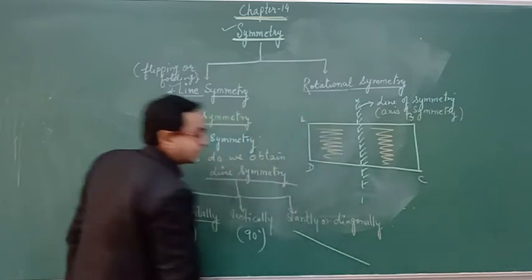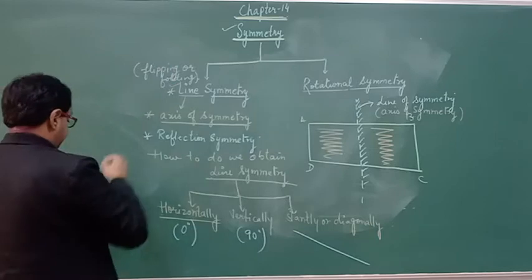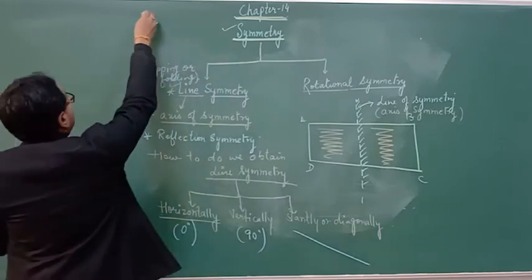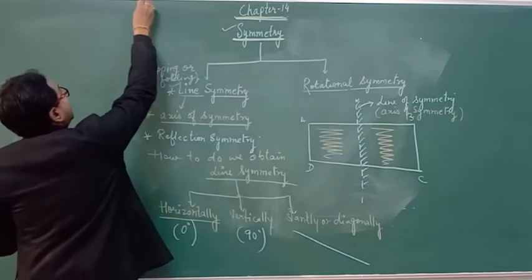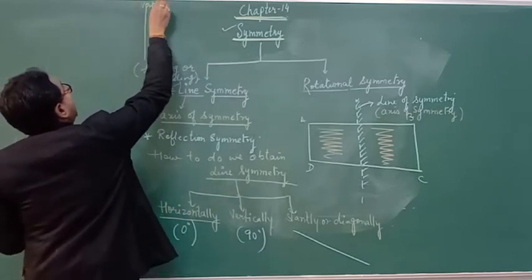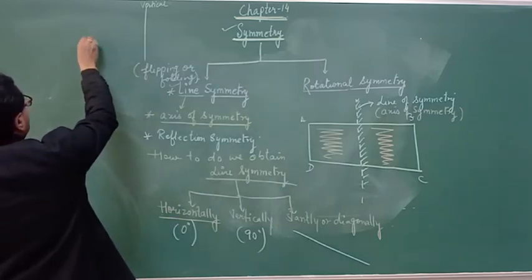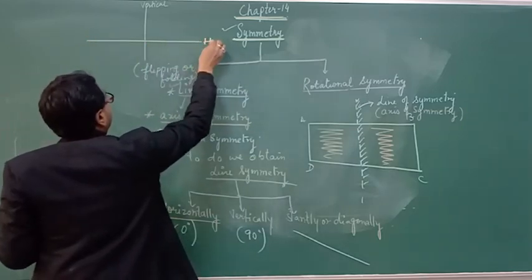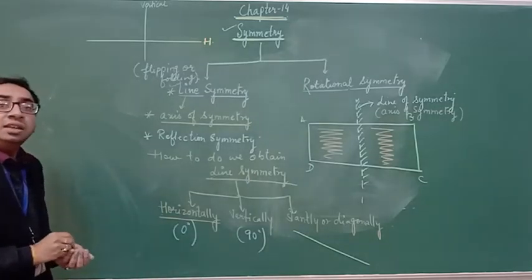Slant means diagonally, with some angle. So let's see the line, very importantly, that we have to make. For example, this is a vertical line. Are we clear? This line is vertical. What is this? This is horizontal. Can I give an example?